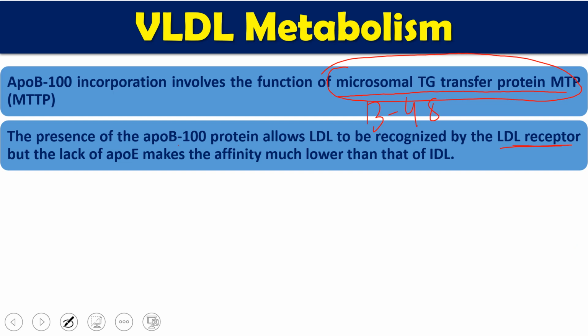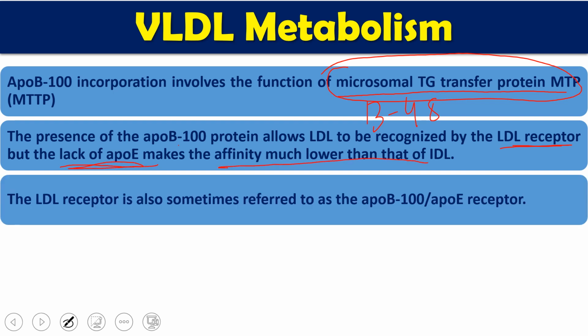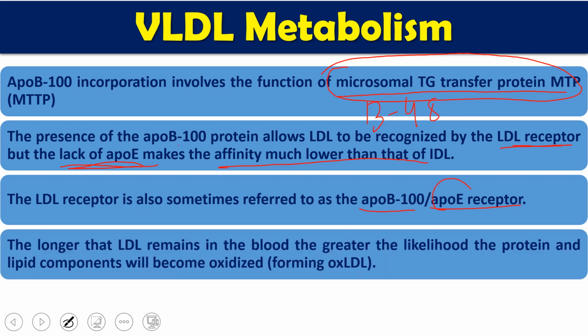But LDL does not have ApoE, so its affinity is very much less than the IDL. This LDL receptor is also sometimes called the ApoB100 and ApoE receptor. ApoE is just an activator, a facilitator, but it binds with B100.